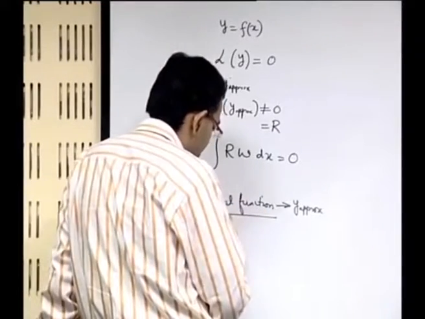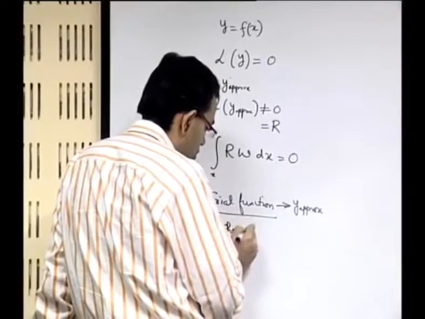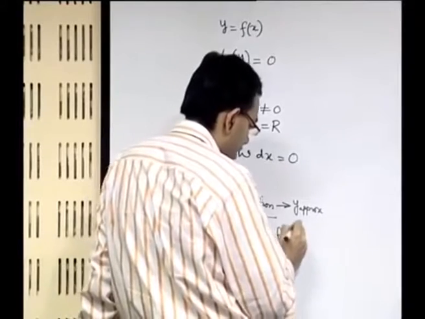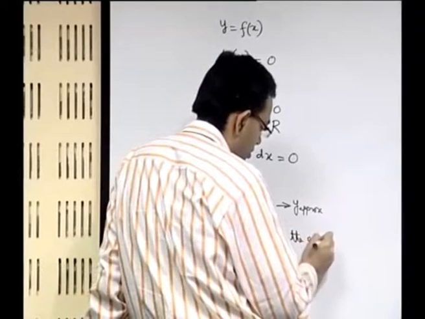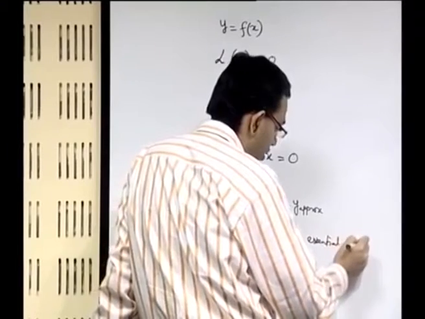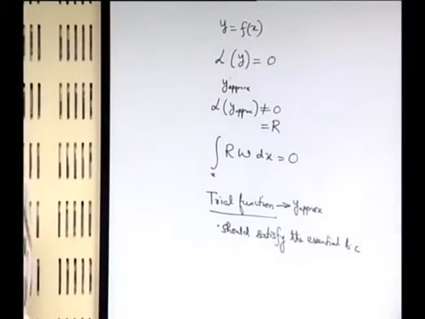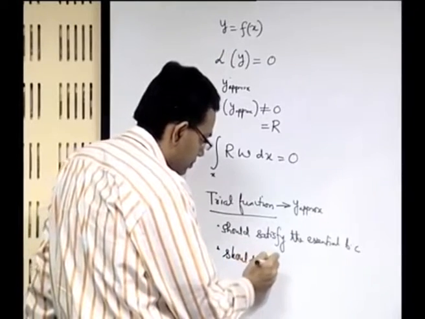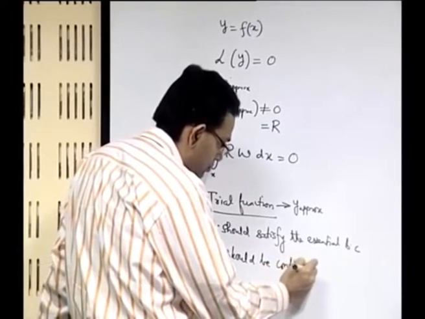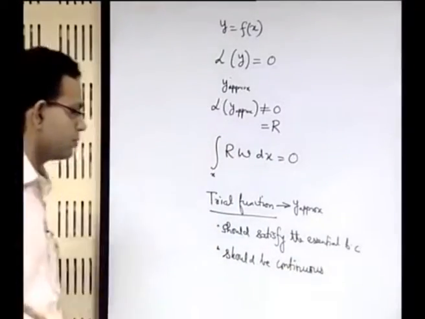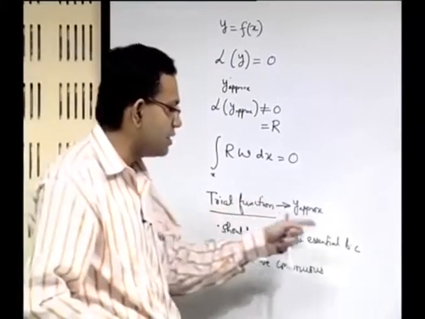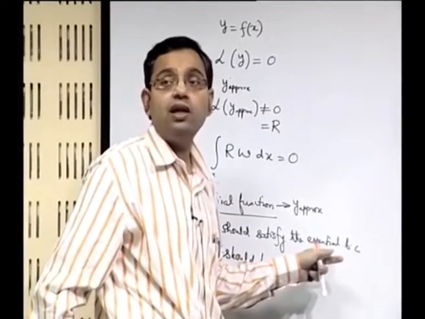So, the trial function should satisfy the essential boundary condition, should be continuous. Again we should keep in mind that it should satisfy the essential boundary condition is one of the very key requirements.